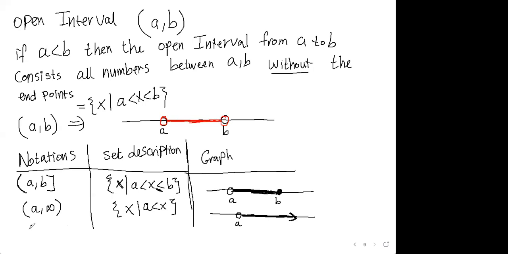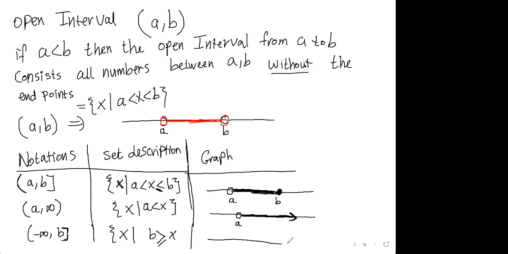So what about this one, minus infinity to B, where B is closed? What is the set description? Again, X such that X is less than or equal to B, because we have a closed interval. All the elements are less than or equal to B. How can I graph it?